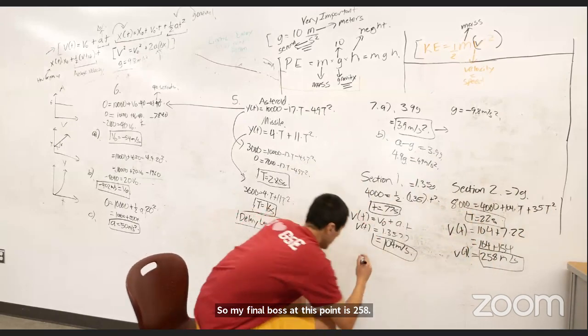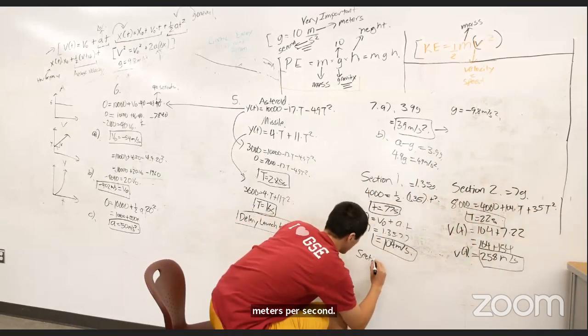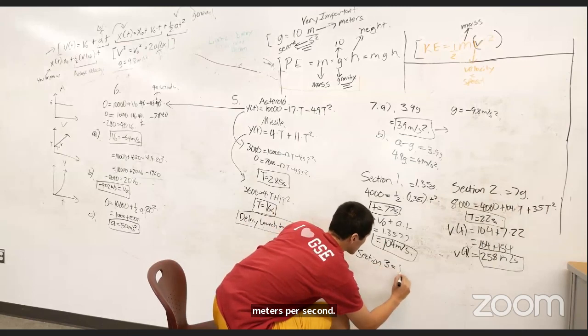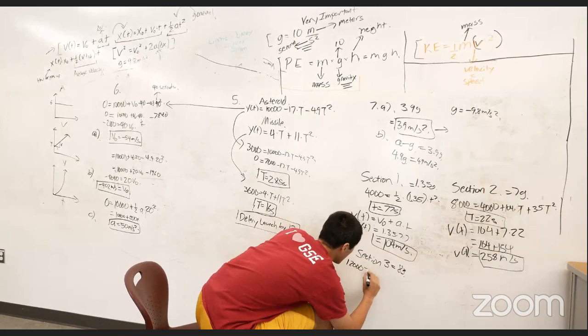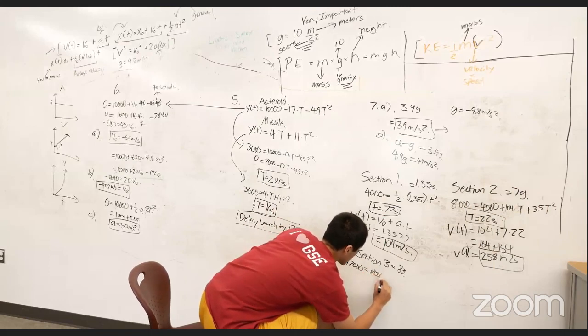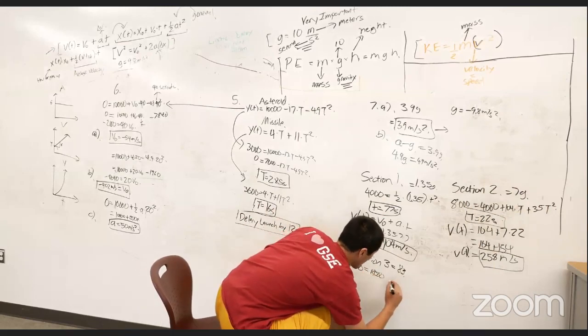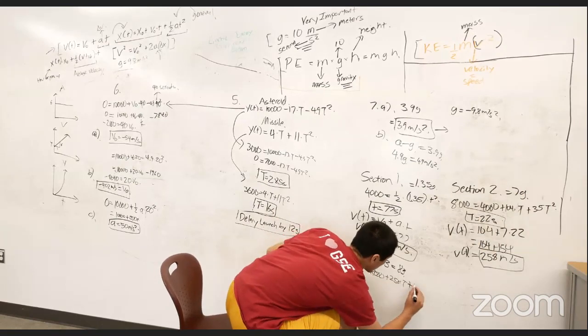For section 3, it's going to be 12,000 equal to 8,000 plus my initial velocity, which is 258 times t plus 4 times t squared.